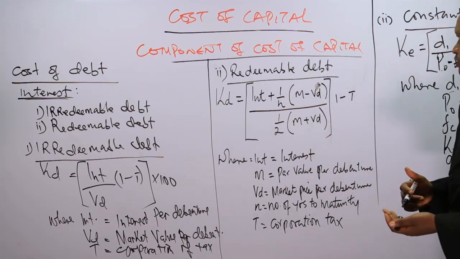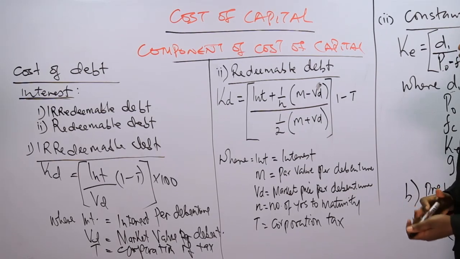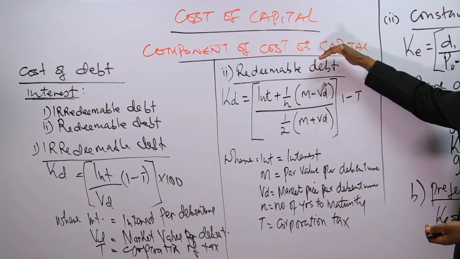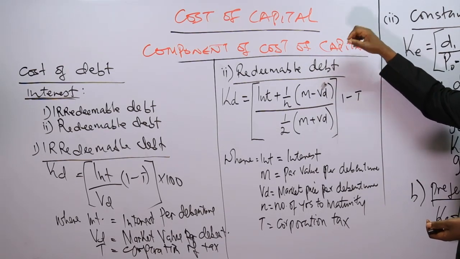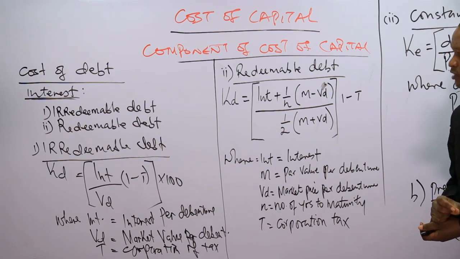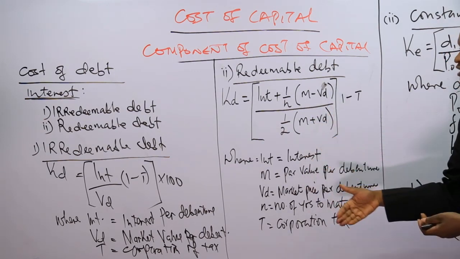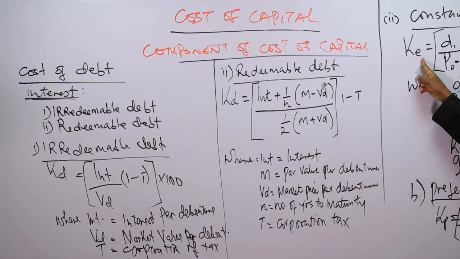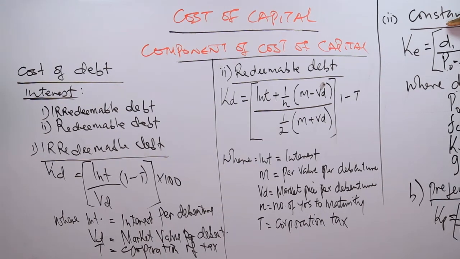So those are the main components of capital. And we say this capital is obtained at a cost. So that is the formula for determining the cost of equity. And remember, we said equity comes in two categories: those firms that have zero growth rate and constant growth rate.